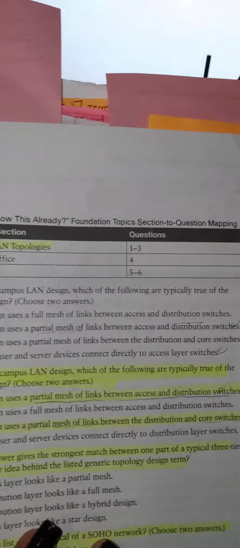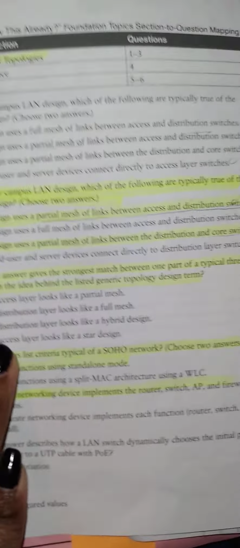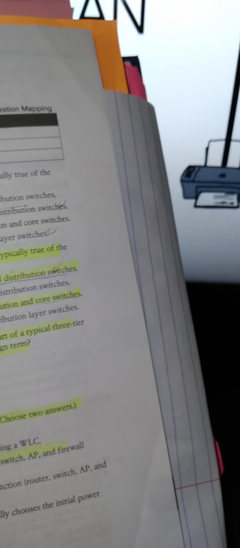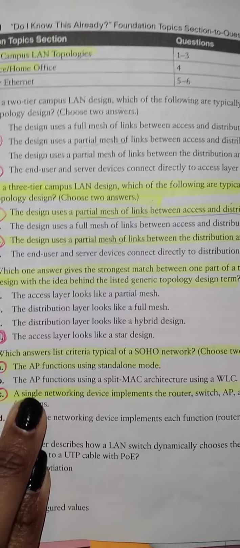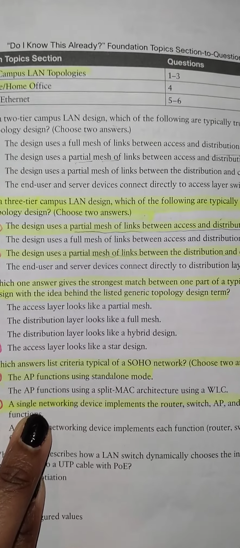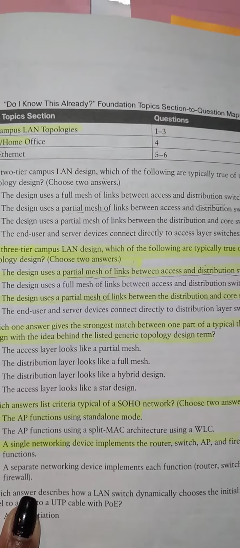So let's go to Do I Know This Already? And there are 6 questions. The one that pertains to SOHO is number 4. Which answers list criteria typical of a SOHO network?